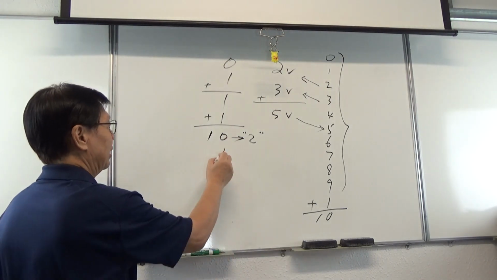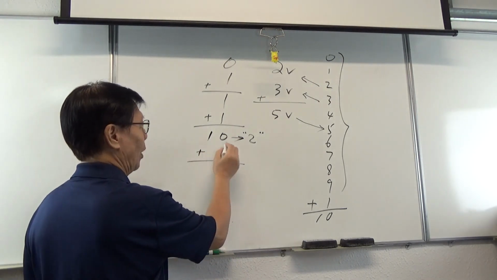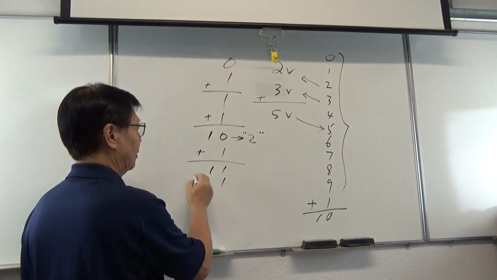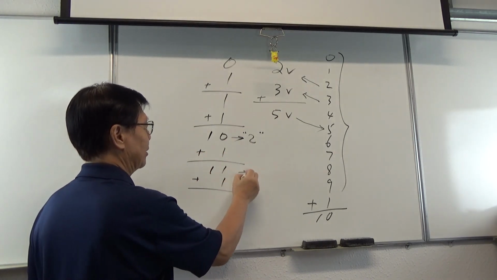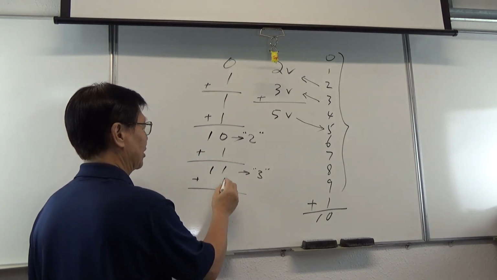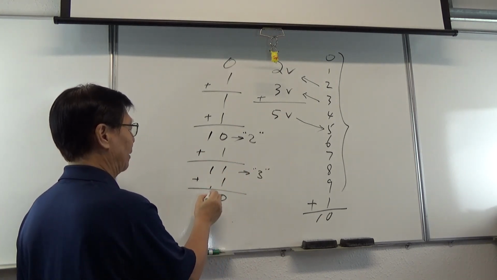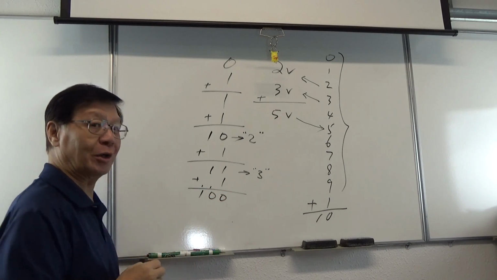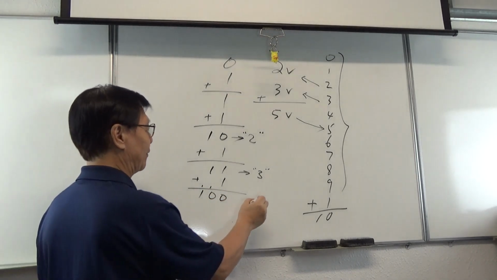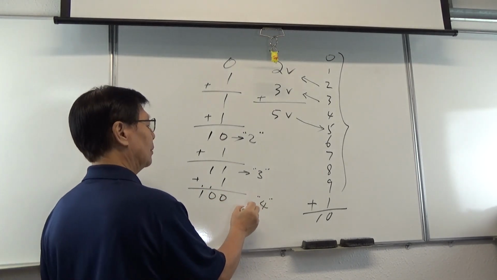Now keep going. 1, 0 plus 1 is 1, 1, which means 3. Plus 1 means carry up again: 1, 0, 0. That's 4.